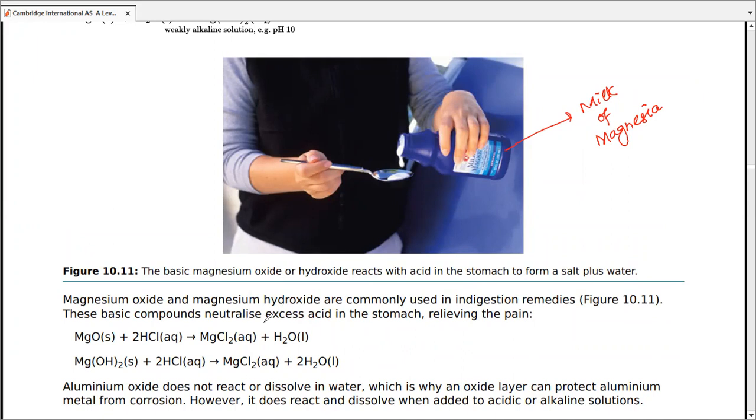Whenever your stomach gives out excess acid, in order to relieve the pain, it's better to go with this, because these can react with the acid right then and there, and it's more like an instant remedy. It gives out a salt which is easily taken up by the body, and water, so that neutralizes the acid in a very good way.